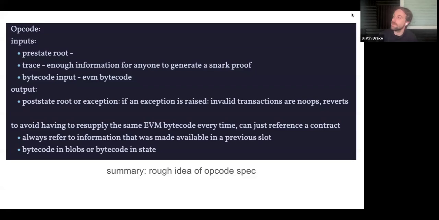Actually, no, they can't be compressed, and the reason is the comment that Matthew made, which is that we can't do state diff compression because we need everyone to be able to generate the proofs, and if you don't have the full witness, then you can't generate the proof.